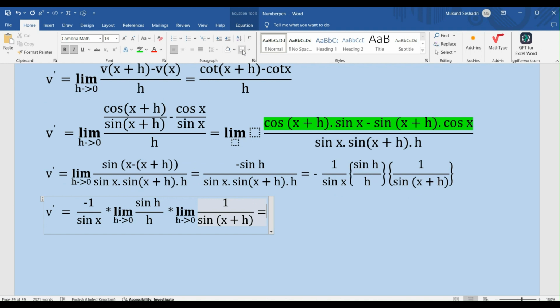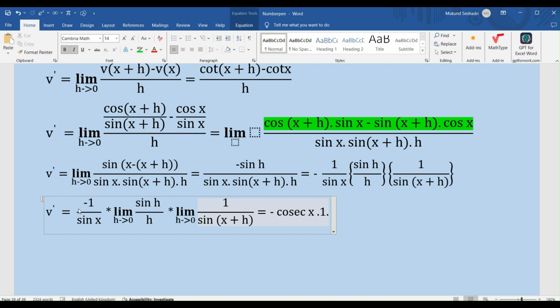So my minus 1 by sine x is minus of cosecant x, right? And my limit h tending to 0, sine h by h is nothing but a 1, from the identity of limits. And then my limit h tending to 0, 1 by sine of x plus h. What is that?